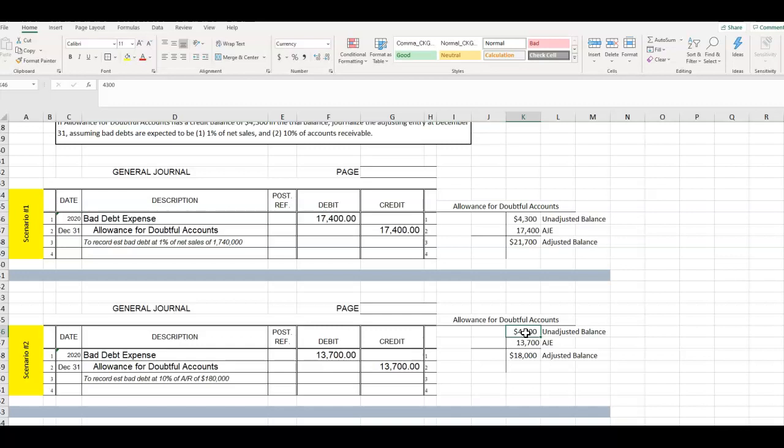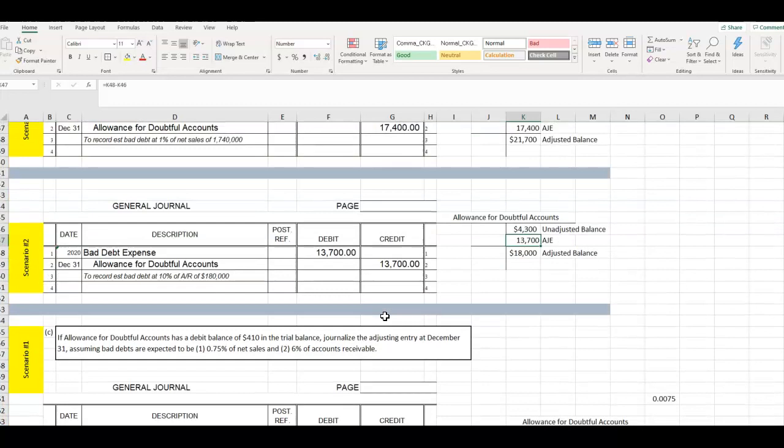That is $18,000. That tells us that the balance after the adjustment needs to be $18,000, and so I have to come up with the amount of the adjustment. So in this case, all I have to do is add $13,700 to the $4,300, and I've got $18,000. That's my adjustment using the percentage of receivables method.